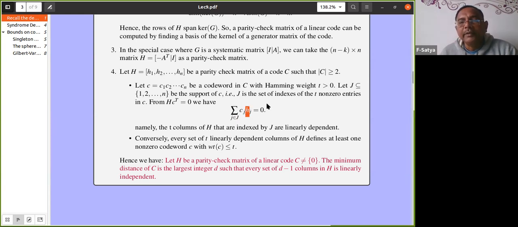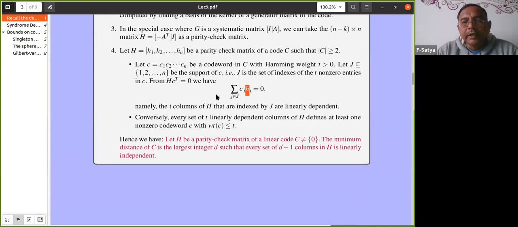So linearly dependent columns and a code word with weight t are linked. Conversely, every t linearly dependent columns define at least one non-zero code word C. That's the main thing.